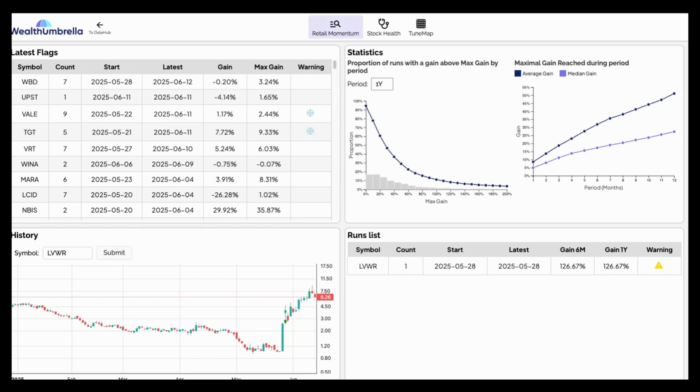But we think this tool is, or at least that's how we use it, more like a way to draw attention to companies, to tickers that could have an interesting run. So each morning I just go on this page and look at new flags. This morning I went to WBD, and I went on the stock page that Vincent will present next to look at the company, and then I decide if I go for it. So it's just a way for me to maybe discover new stocks and decide if I believe or not it would go on a run.